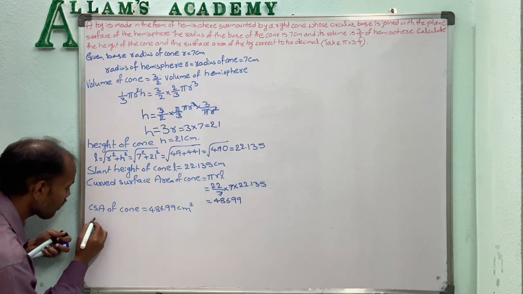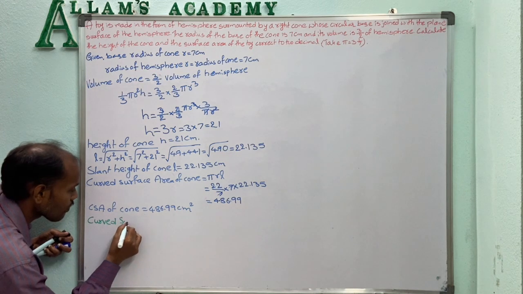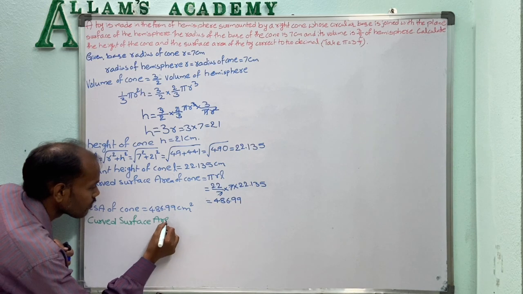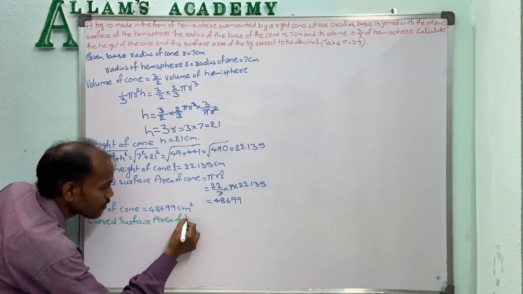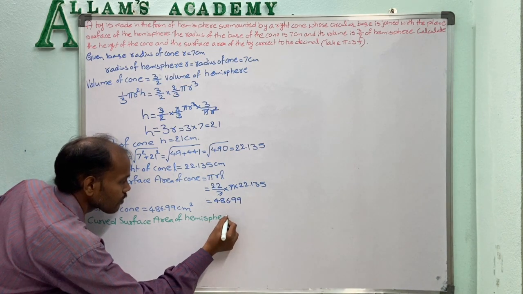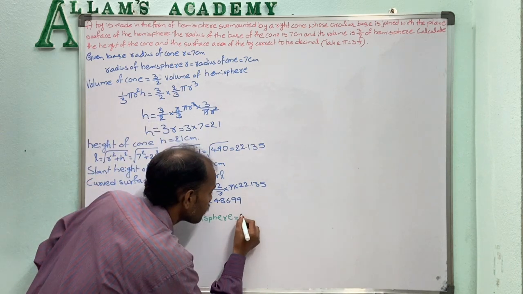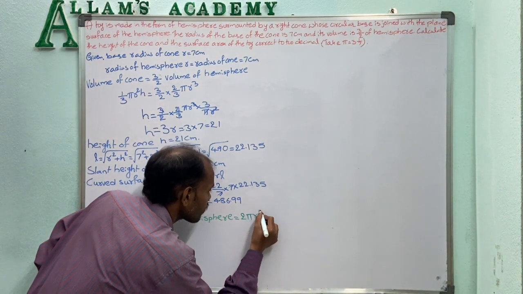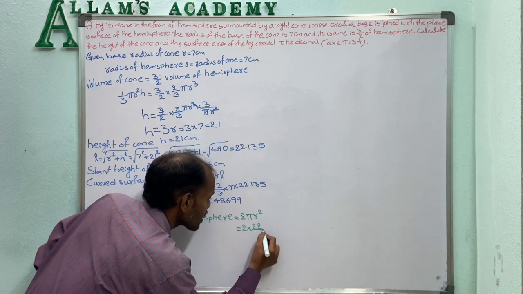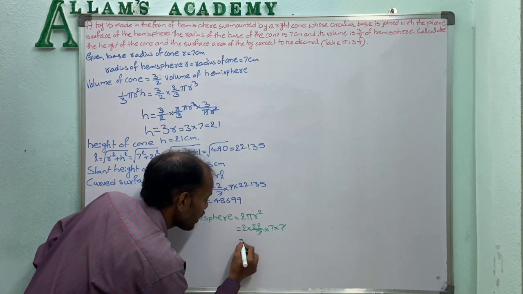Now we find the curved surface area of the hemisphere. The curved surface area of the hemisphere equals 2 pi r square, that equals 2 into pi, 22 by 7, r is 7 into 7, so 7 gets cancelled.